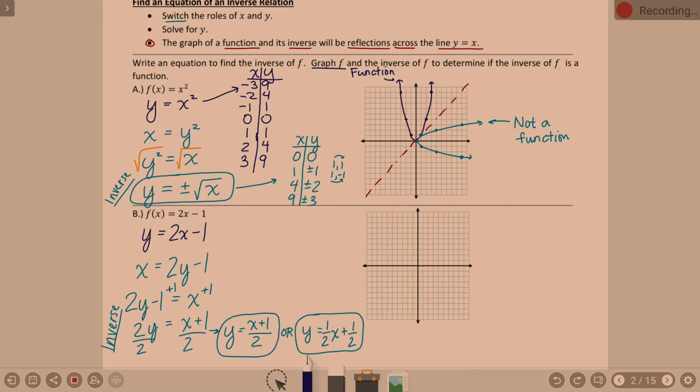Shall we graph? Go back to the original. Y equals 2x minus 1. What about y equals 2x minus 1? That's in what form?